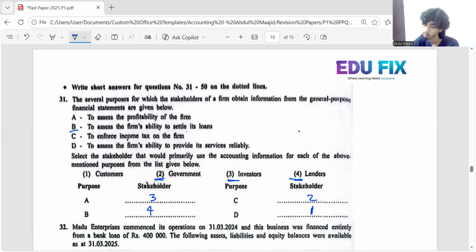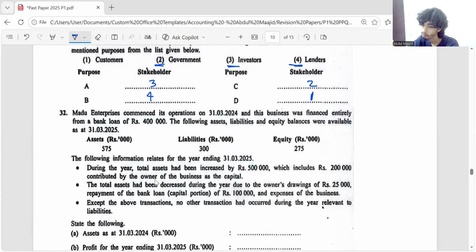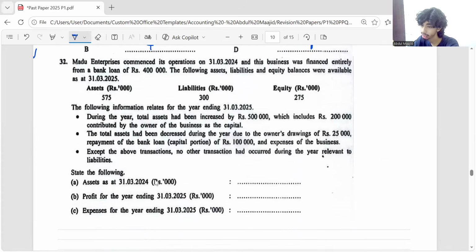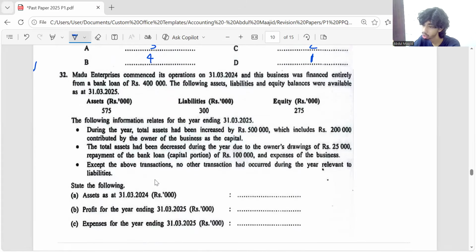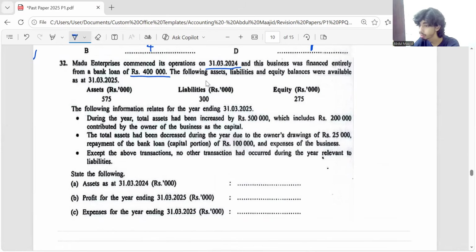32. Madhu Enterprises commenced its operation on 31st March 2024, and this business was financed entirely through a bank loan of 400,000. The following asset, liability, and equity balances were available as at 31st March 2025.